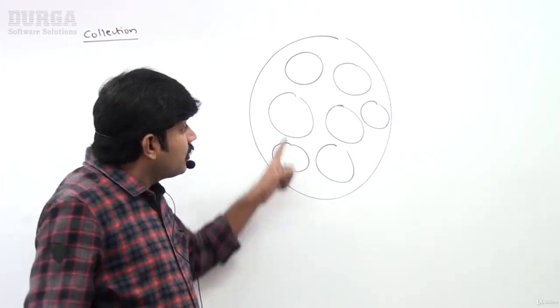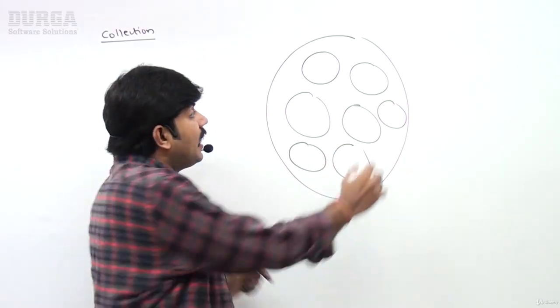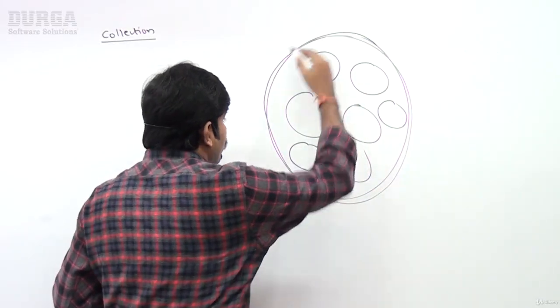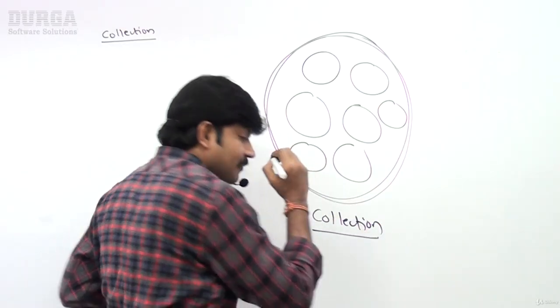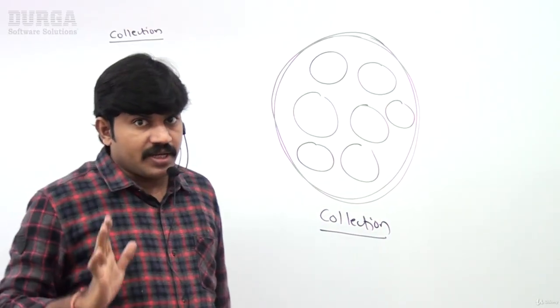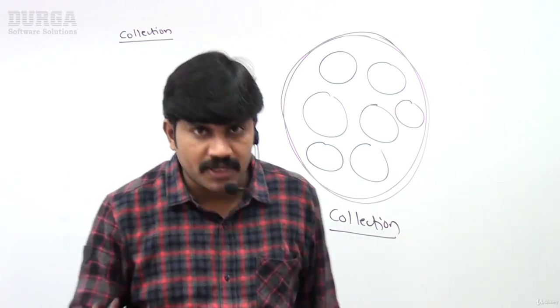This group of objects represented as a single entity is itself a collection. When should we go for a collection? If you want to represent a group of objects as a single entity, then we should go for the collection framework.